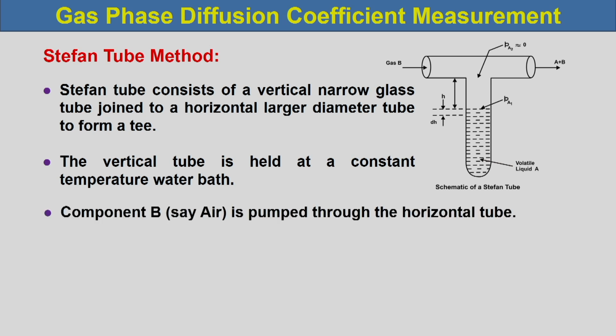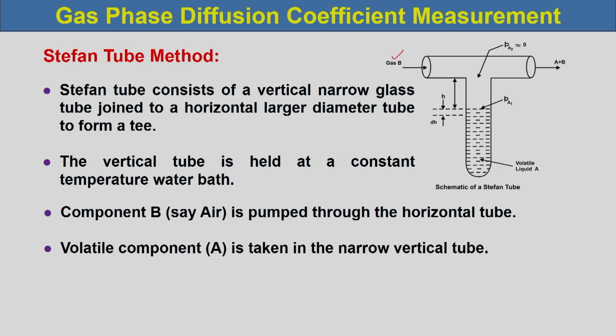Component B, say air, is pumped through the horizontal tube; gas B is flowing over here through this horizontal tube. The volatile component A is taken in the narrow vertical tube.